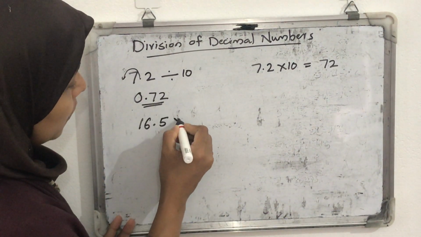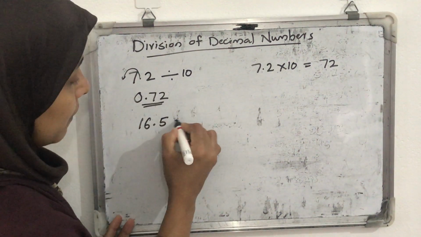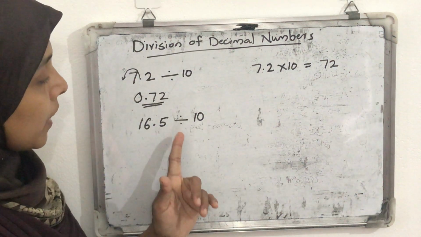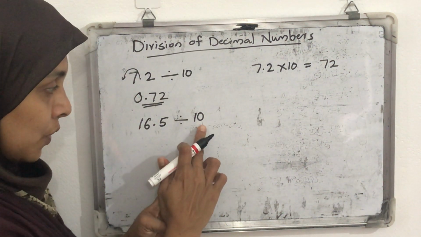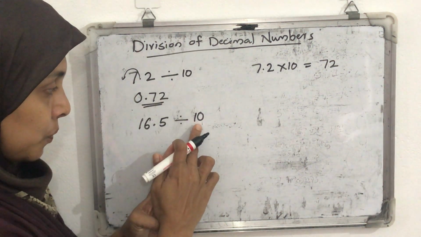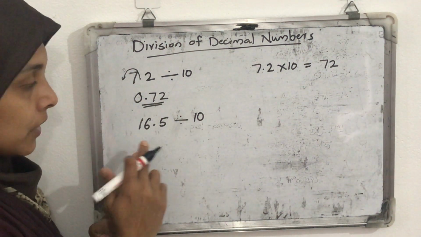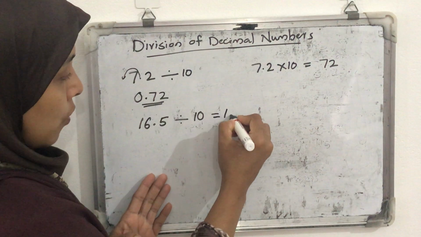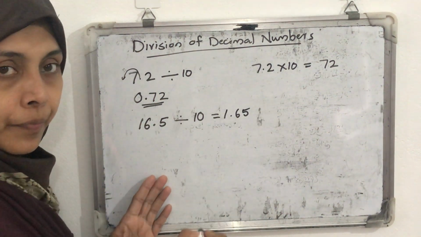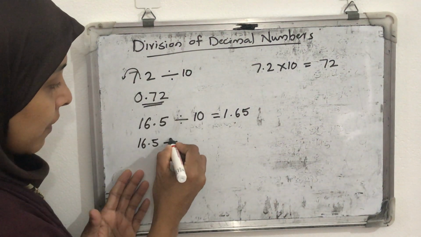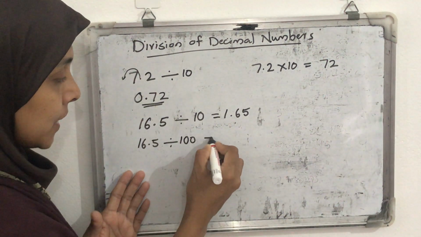Okay. Another question, look. 16.5 divided by 10. Here also 1 zero is there, so that many places we shift the decimal point to the left side. What will be the answer? 1.65. Now the same number 16.5, if we are dividing by 100, what will happen?